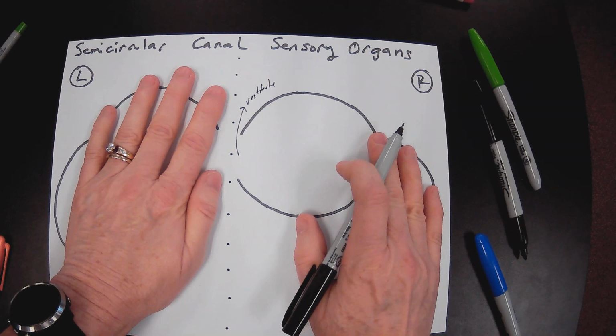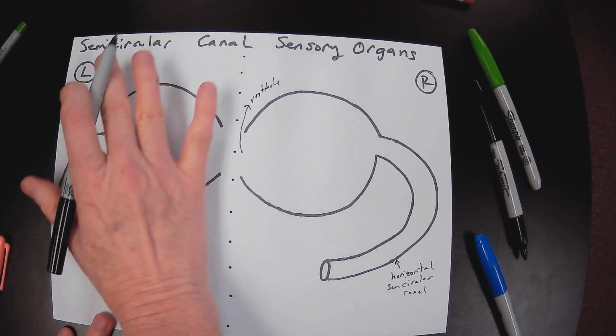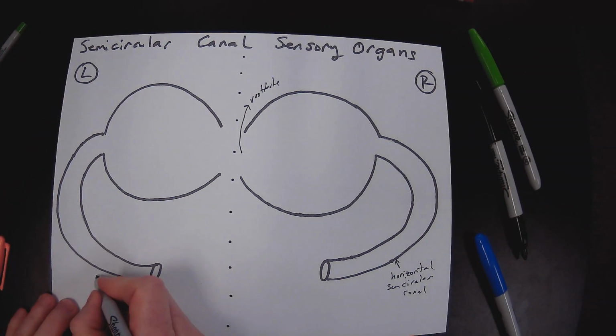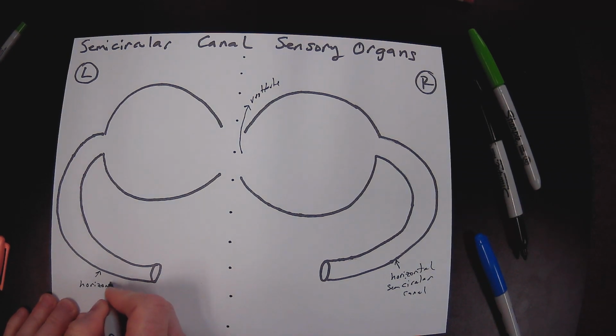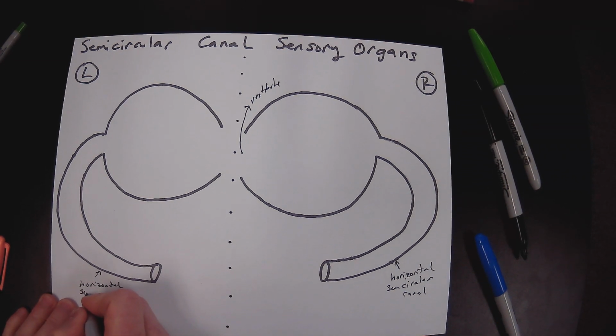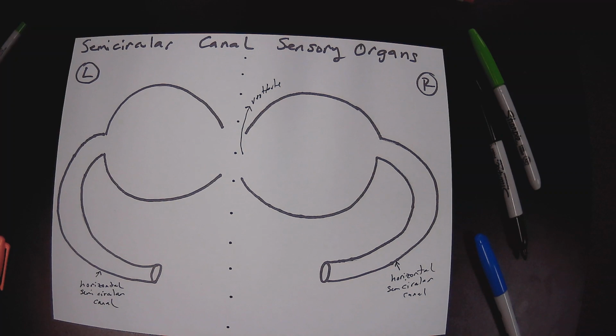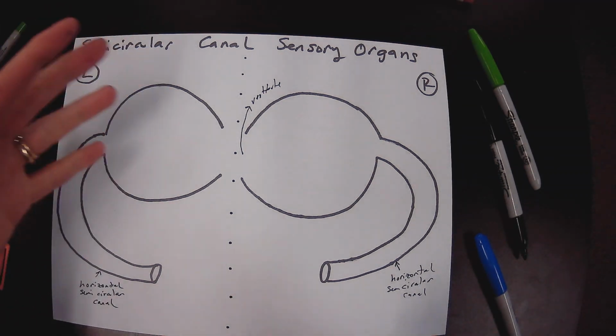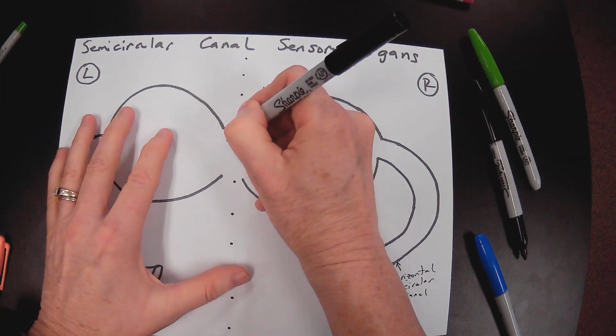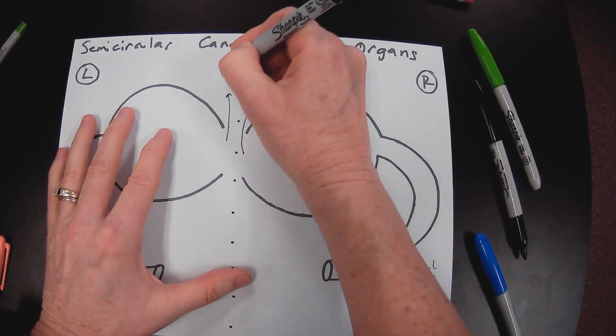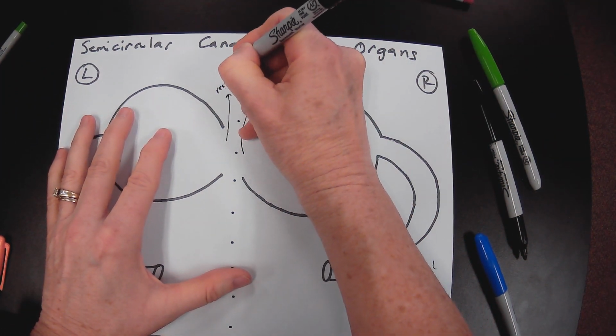And this is the right horizontal canal, and then we have a similar situation happening on the left. Okay, this is my left horizontal semicircular canal. And again, on the left side, this is the horizontal canal, so it'd be on the outside. That means that this is the space where the vestibule would be, on the left side.